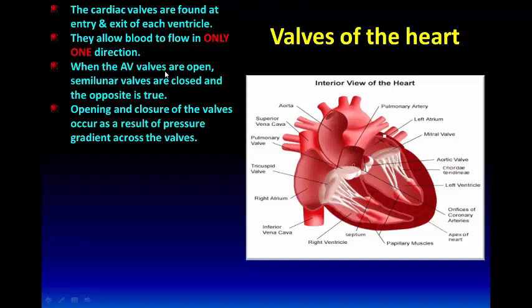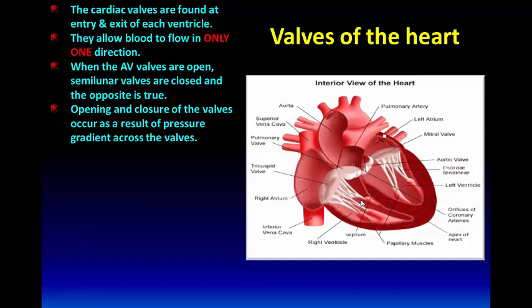When the atrioventricular valves are open during diastole to allow the ventricles to be filled with blood, the semilunar valves are closed in order to prevent the backflow of blood from the aorta into the left ventricle and from the pulmonary trunk into the right ventricle.